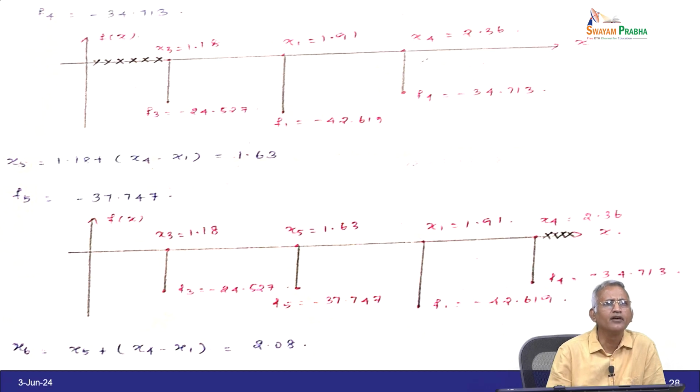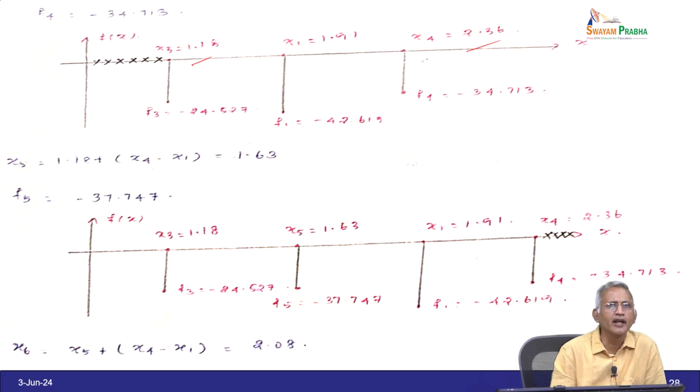In the graph, x3 we already got and x1 is 1.91, x4 is 2.36 because it is bigger than both x1 and x3. Therefore, f3 is minus 24.52, f1 is minus 42.619 and f4 is minus 34.71.